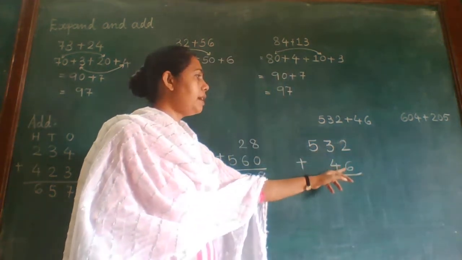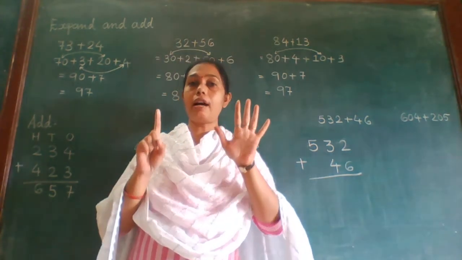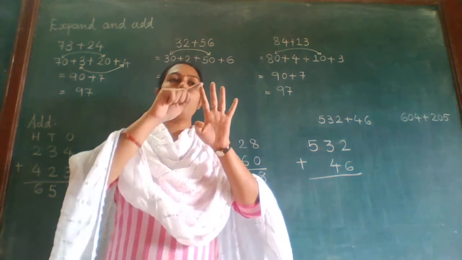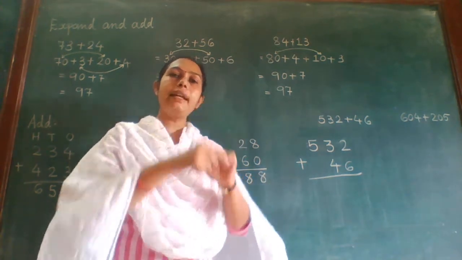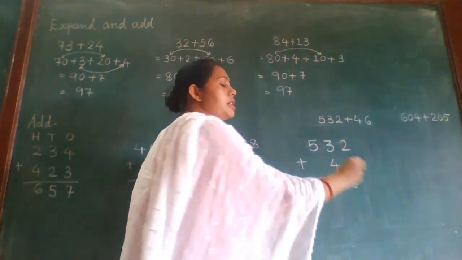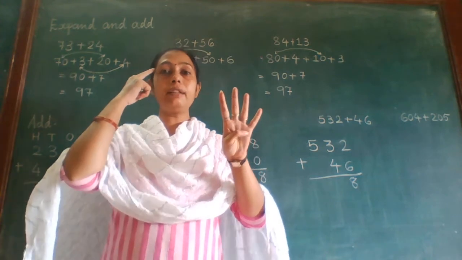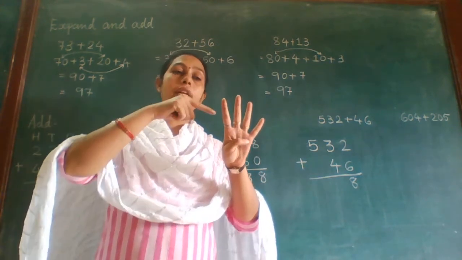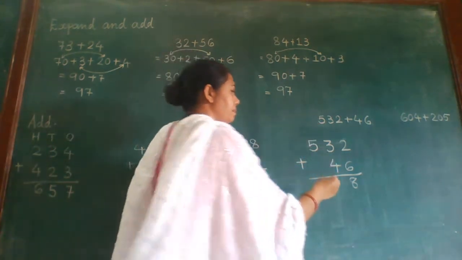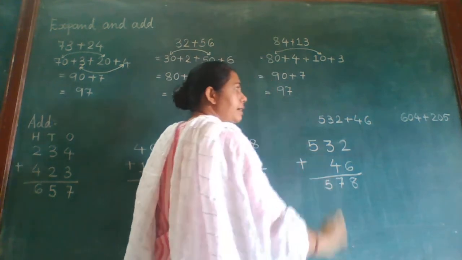Now 2 plus 6. 2 keep in your mind. Take 6 fingers. So after 2 count 6 fingers. After 2, 3, 4, 5, 6, 7, 8. Write 8 on the answer place. Now 3 plus 4. 3 keep in your mind. Take 4 fingers. After 3 count 4. So 3, then 4, 5, 6, 7. And here we have only 5. That 5 we need to write here.